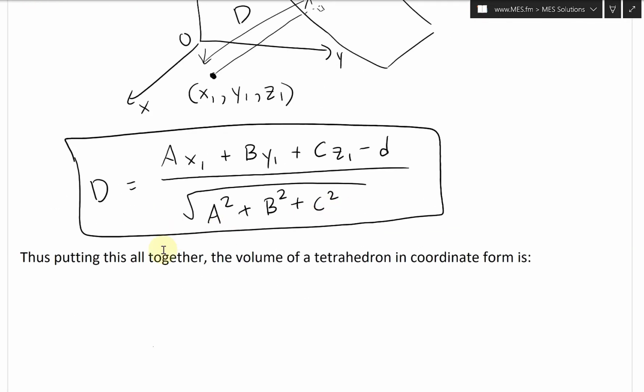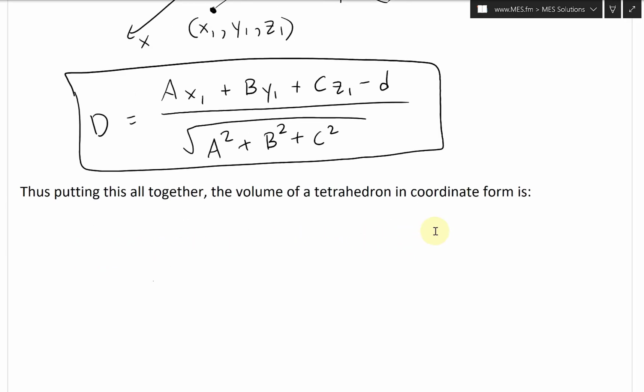Alright, so putting this all together, the volume of a tetrahedron in coordinate form is V equals 1/3 the distance to the plane, or the height, and we'll put a giant bracket like this.